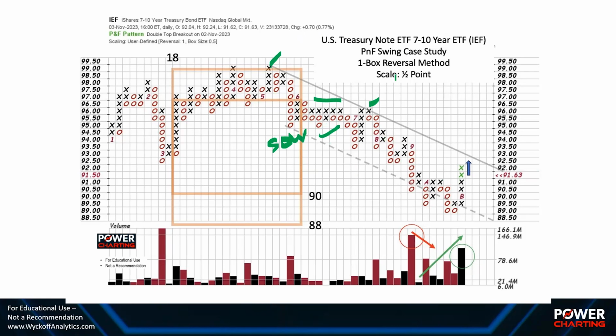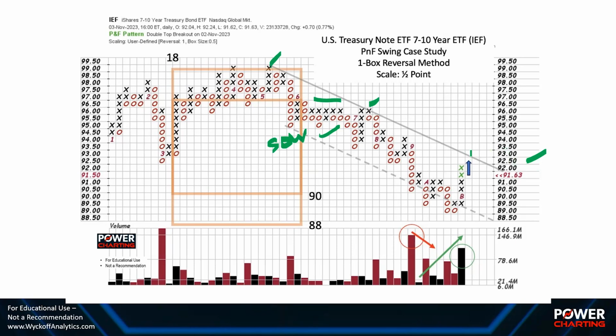Note that this has not yet come up out of this downtrending channel yet. This chart, from November 3rd, has gone up to 92.50. I put a little arrow there to show a pullback and a rally, added another column of O's on the downside, one down and then an X up, not out of the channel.